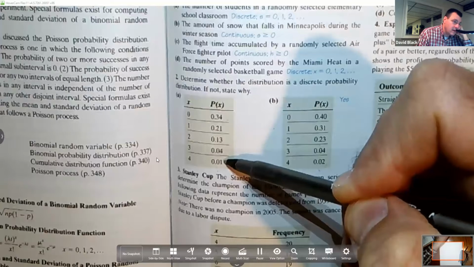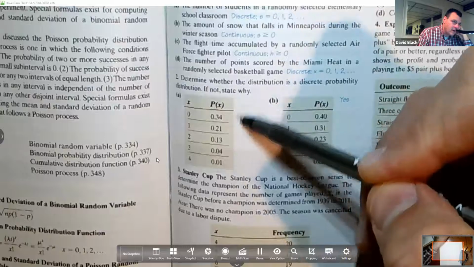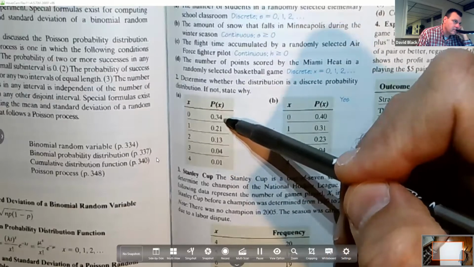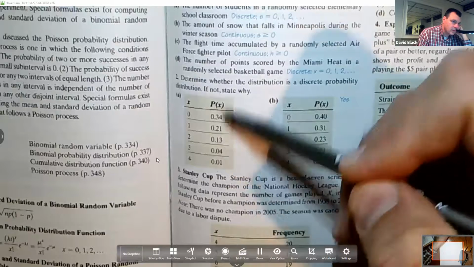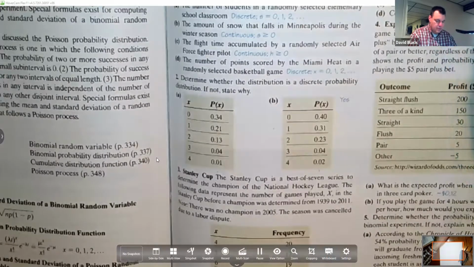I didn't get these to add up to 1. Did you, class? Okay, so it says if not, state why. So your reason why here is all the probabilities do not sum to 1. Okay, so you'll see something like that on your test. So that's pretty nice.